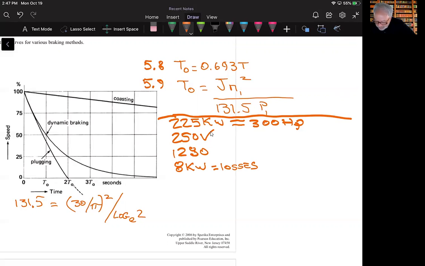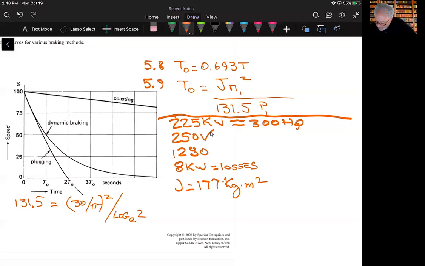The motor, this 300 horsepower motor, is connected to a large flywheel, and it has a moment of inertia between the armature and the flywheel. The total moment of inertia, the J number, is 177 kilogram meter squared.